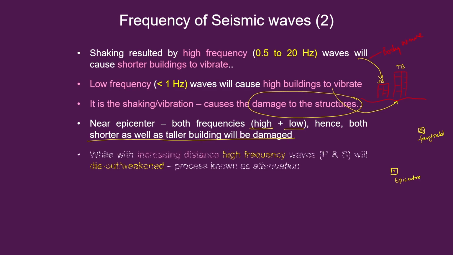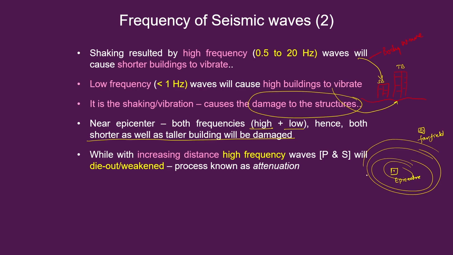So, both shorter as well as taller buildings will experience damage, provided they have not been constructed with assigned building codes. While with increasing distance, because the waves keep traveling away from the epicenter, the high frequency waves will die out, and that is what we call attenuation. They will get attenuated. They will not have that much energy left to push themselves forward. So, they will be weakened and they will die out.